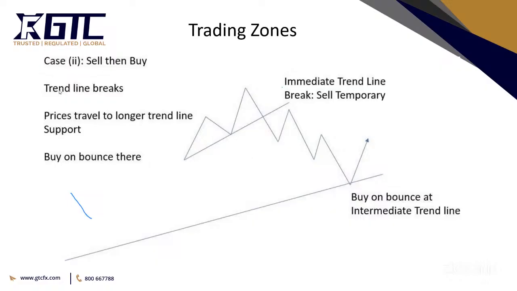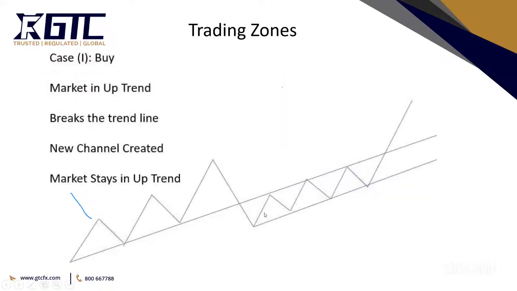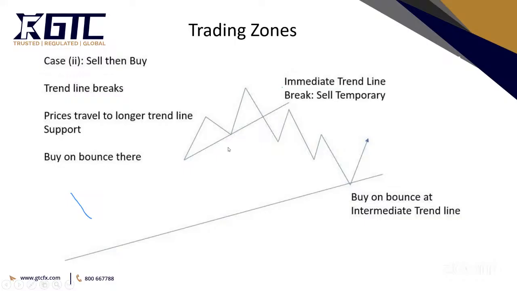All right. So if you have realized, we've done case 1 where we ended up buying the market. We've done case 2. We sold temporary. That is also not a compulsion because it's a sandwich zone.